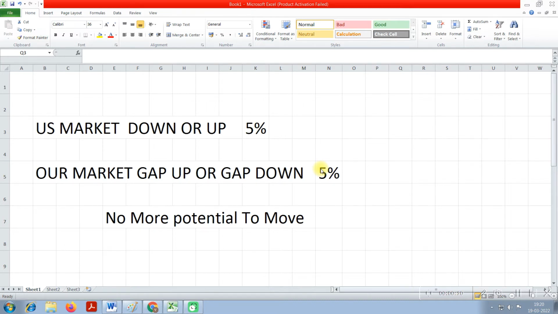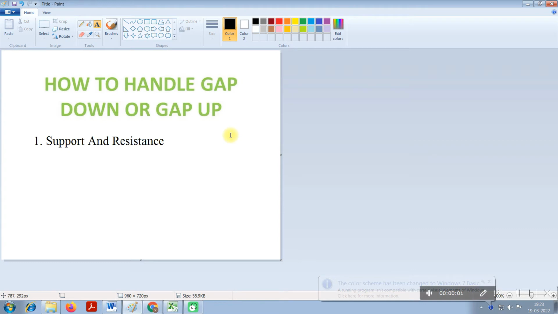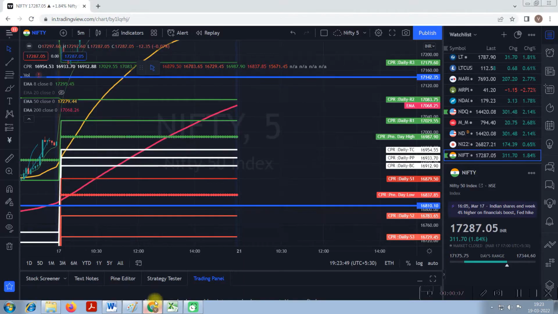Before that, we need to mark some other pivot points in the chart. Once we mark the pivot points, then we come to the strategy. After that, we need to mark support and resistance in the chart manually, or else if you are using TradingView, you enable the CPR indicator and the support and resistance are enabled automatically.